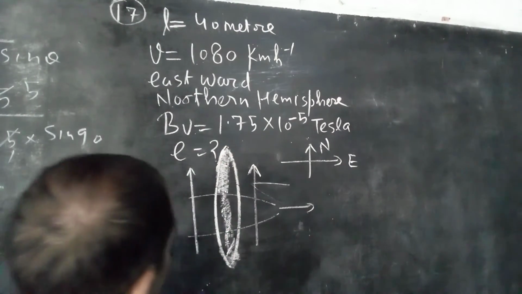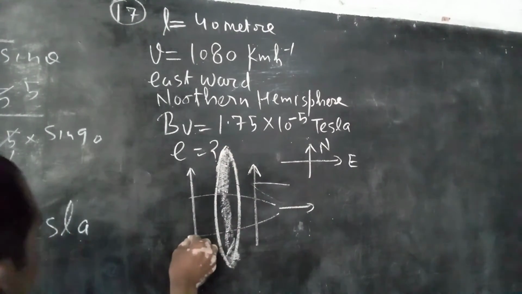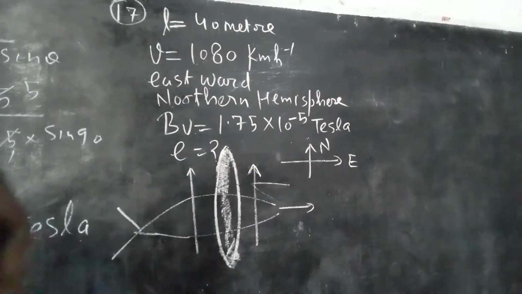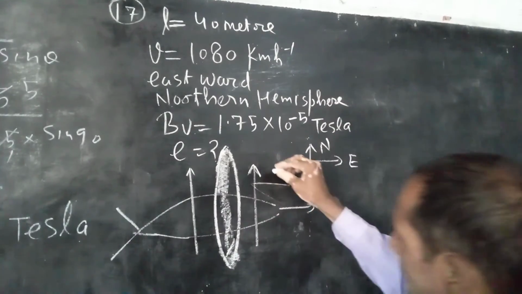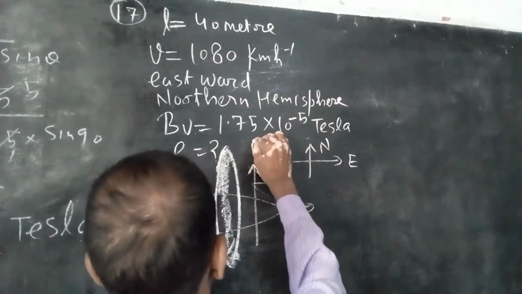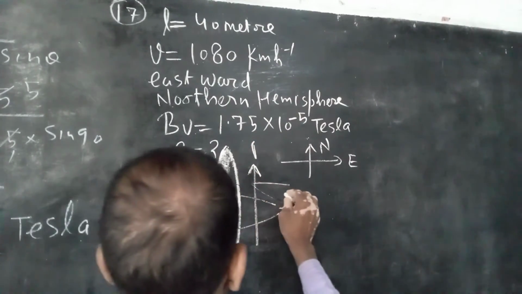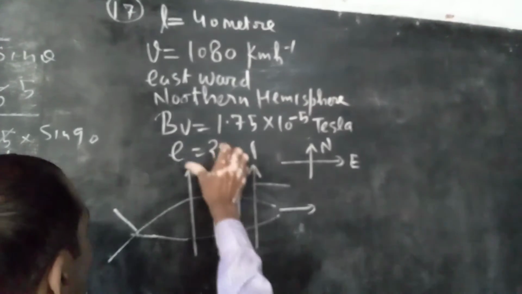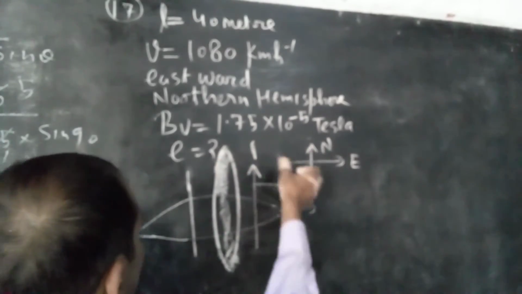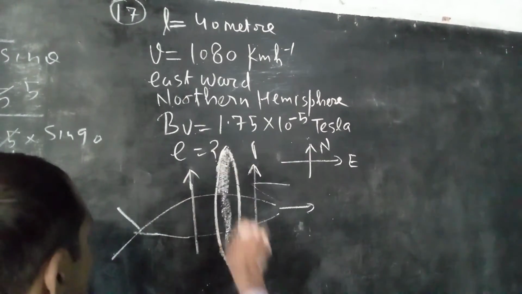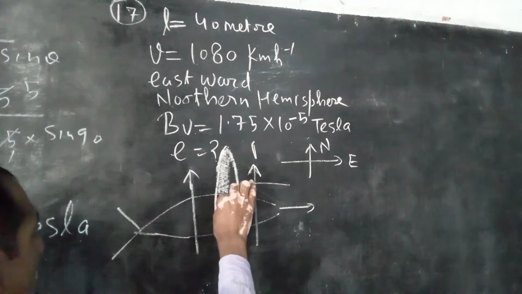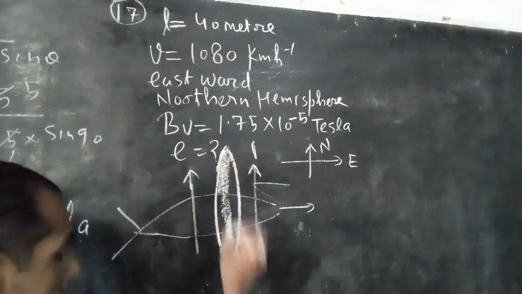So these wings cut the vertical component of the magnetic field when they fly at constant speed. Suppose this is the direction of the magnetic field.